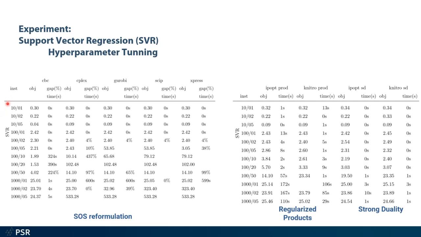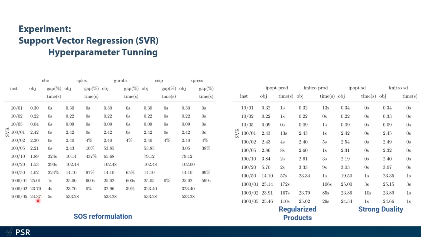And we have many instances, all of them for the support vector regression program. The first instance, 10-1, means that we have 10 observations and 1 feature, while the last instance has 1,000 observations and 5 features.